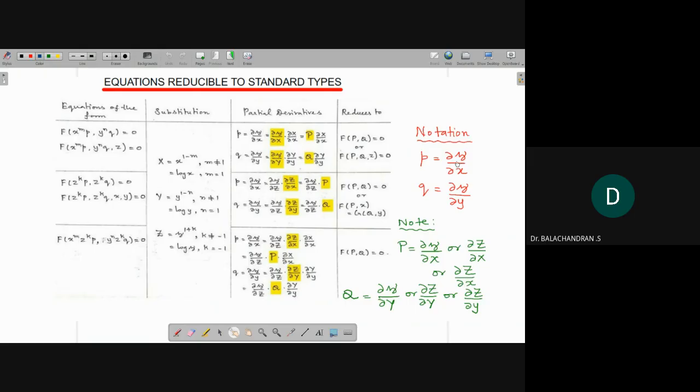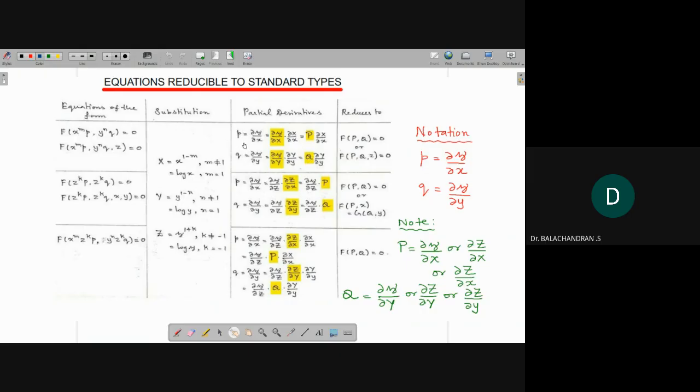We know p and q. What are small p and small q? Next, q is equal to dou z by dou y. Here I am dividing by capital Y and multiplying by capital Y. This is capital Q. Then we need to apply these two.